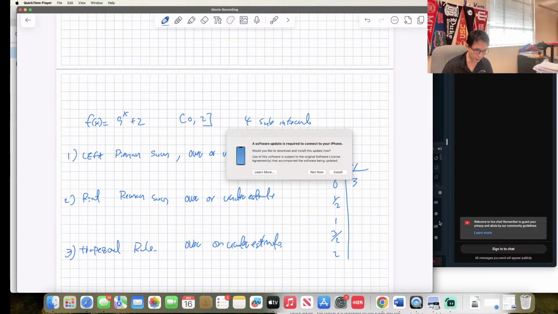Half gives you 5. 1 gives you 11. And 3 over 2 gives you 29, and 2 gives you 83. So the left Riemann sum is half times 3, plus 5, 11, and 29. I'm going to do it this way because it distributes anyway.